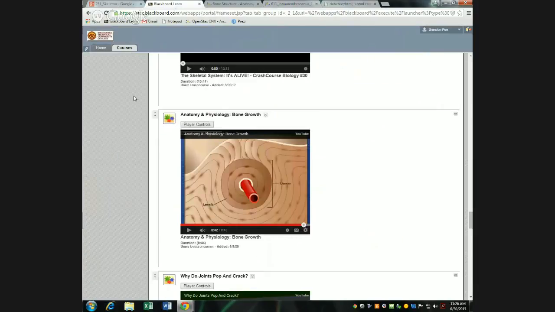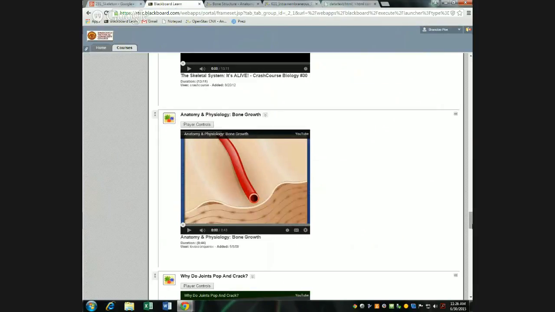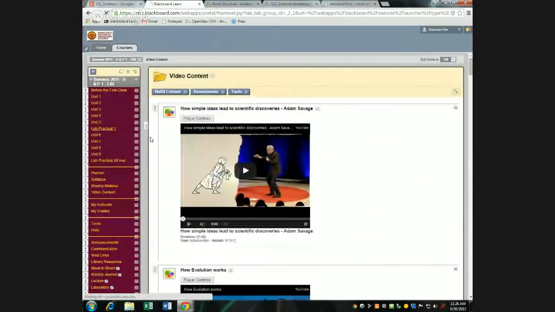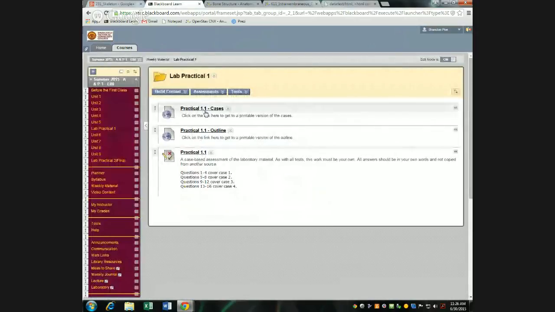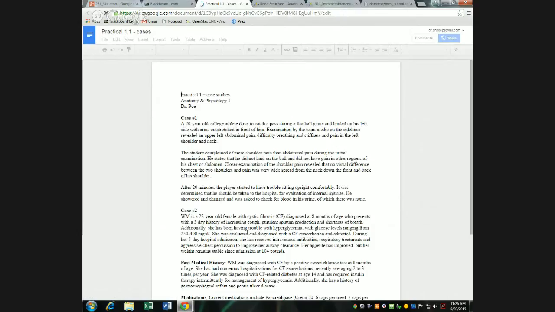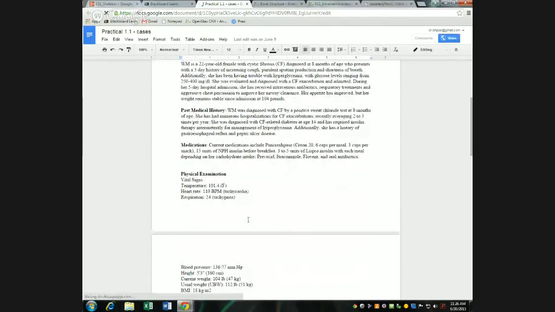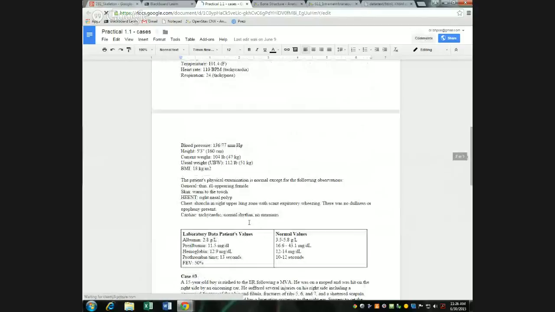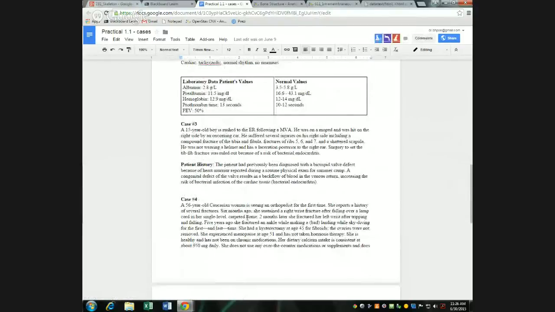I thought I'd be able to pull that page back up real quick, but let me just go back there. Okay, so what I was going to say is if you have access to it and you can pull it up on your own device, that's great. But with the half hour or so that we have left, what I would strongly suggest you do is look at these cases and look at the bones that are mentioned here.